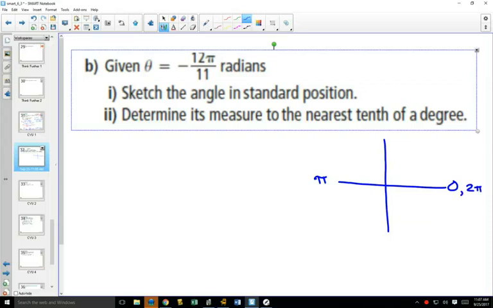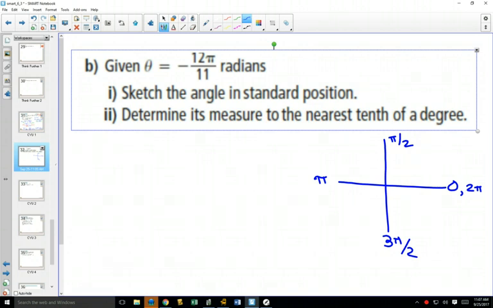So we can also figure out what 90 degrees is. 90 is half of 180, so it's going to be half of pi. And down here, we'd have 1.5 pi, or 3 pi over 2. So this is where we're going to start, thinking about whole values of pi and half values of pi.